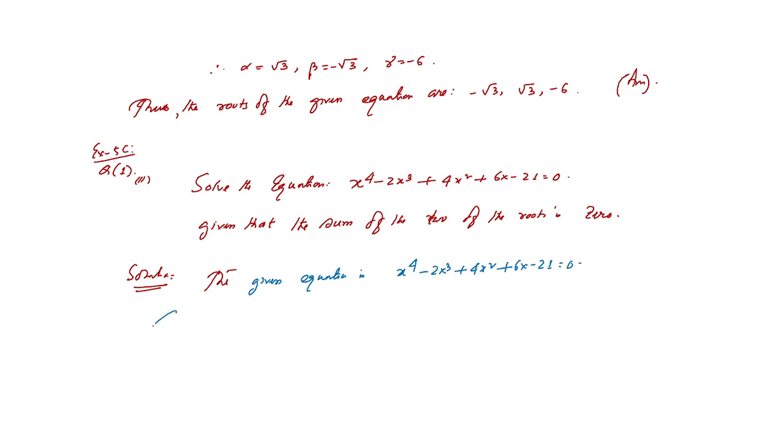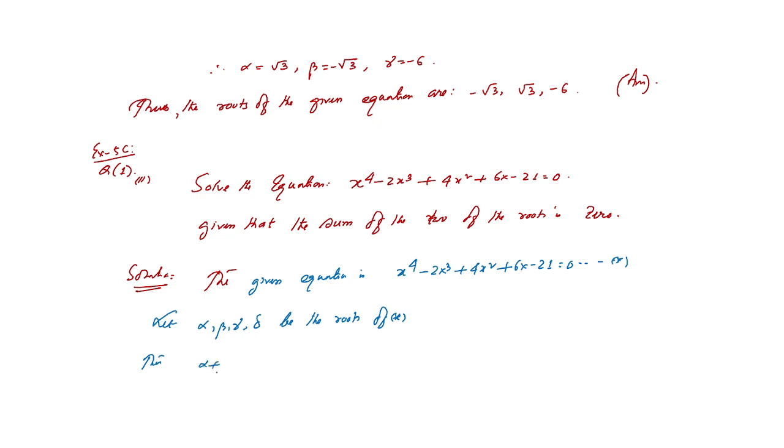So the equation is degree 4, so it has 4 roots. So let alpha, beta, gamma, delta be the roots of star. I just named it star. So then what will be the relation?